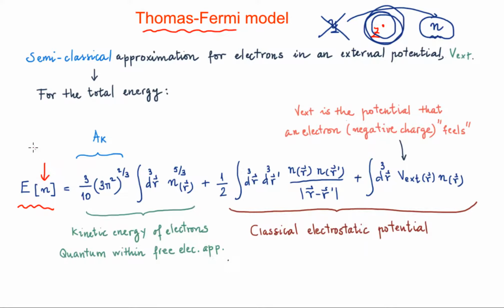And of course, the total energy has a kinetic energy contribution and the total potential energy contribution. And actually, the toughest part was having the functional for the kinetic energy. We don't have a functional for the kinetic energy.